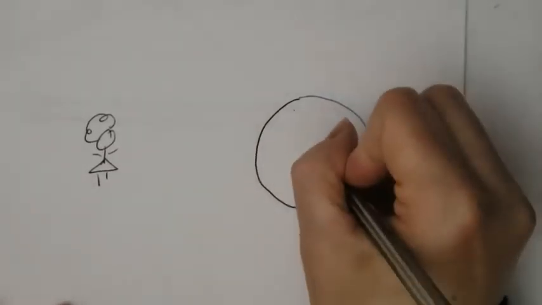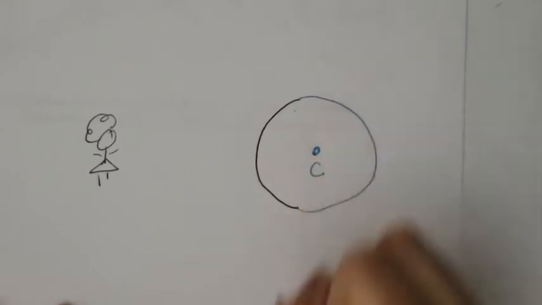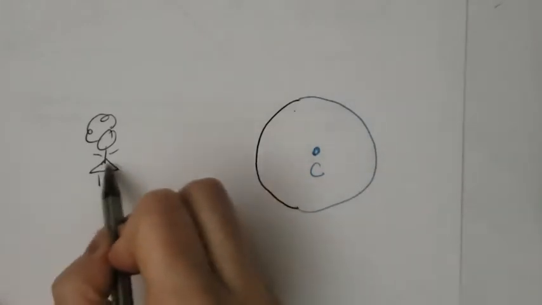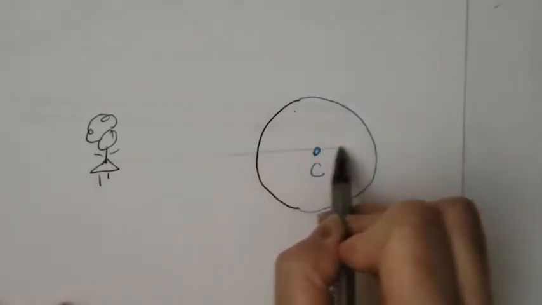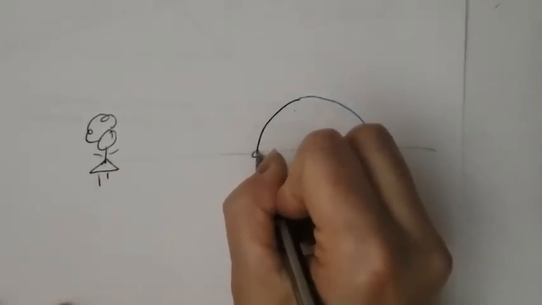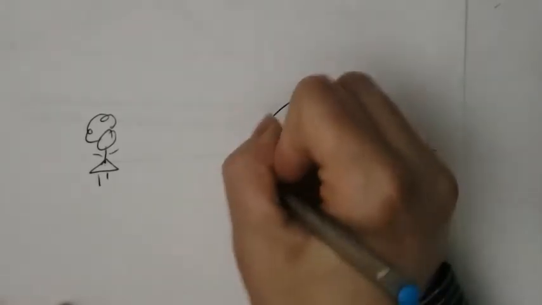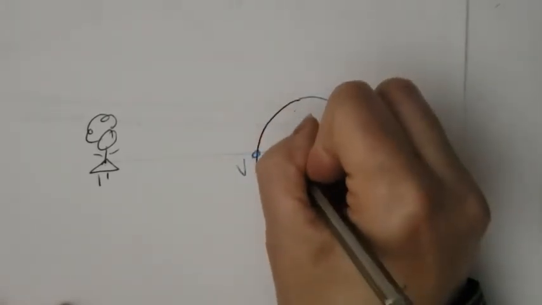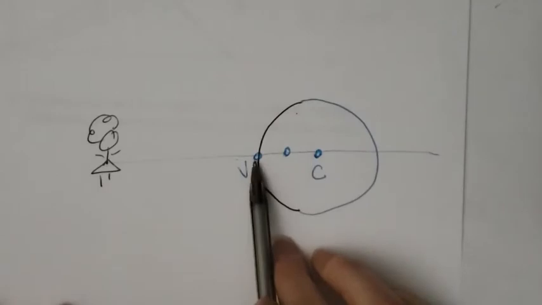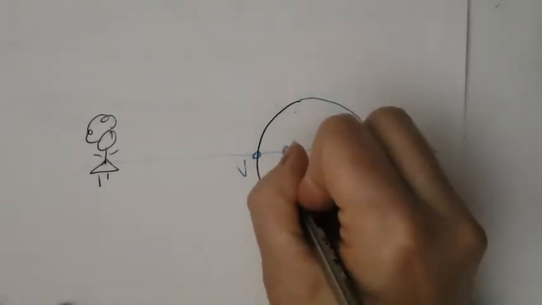The center of the circle would be here. And my principal axis is just a straight line that goes through the center. Where the principal axis and the mirror meet, that's the vertex. And the focal point is always halfway between the vertex and the center of the circle.